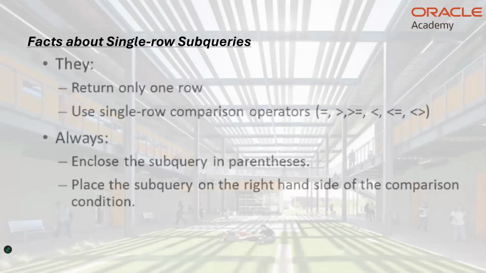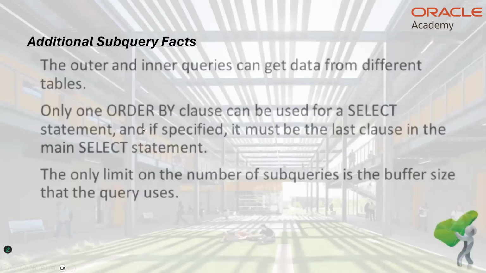This will hold true for all subqueries. That is a required syntactical part of Oracle. And place the subquery to the right-hand side of your comparison condition. As long as you follow those simple rules, you're fine with subqueries.